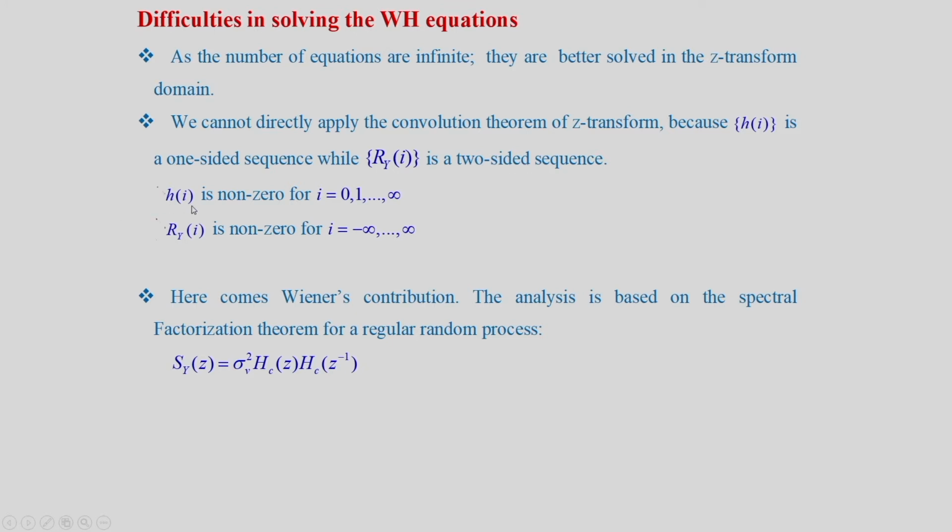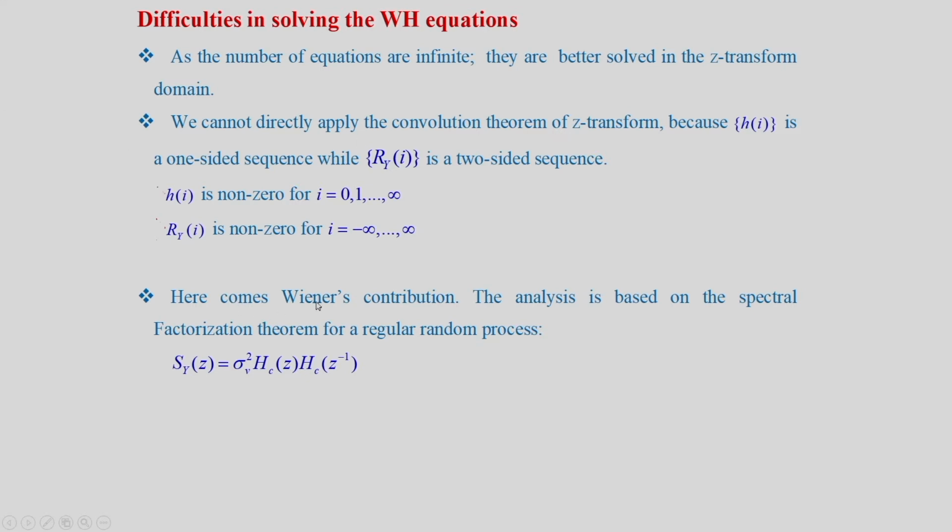Thus, we have h_i non-zero for i equal to 0 to infinity, but r_y non-zero for i equal to minus infinity to infinity. Because of this, we cannot apply the convolution theorem of Z transform on the Wiener-Hopf equations.